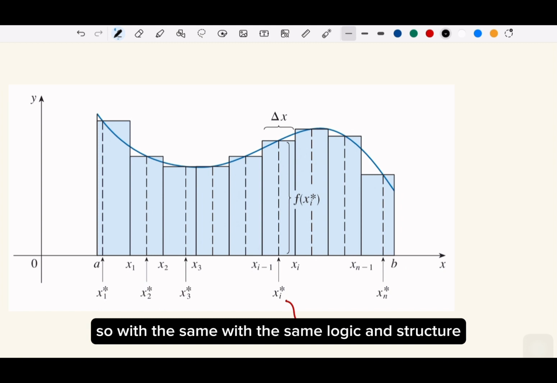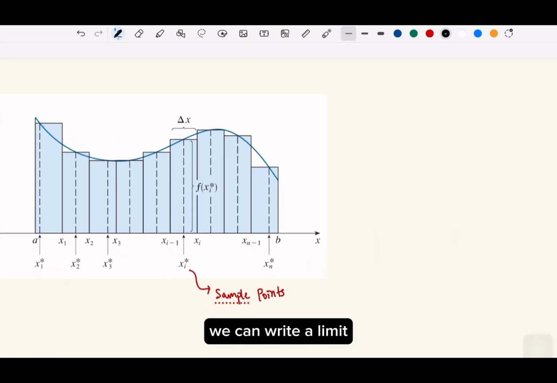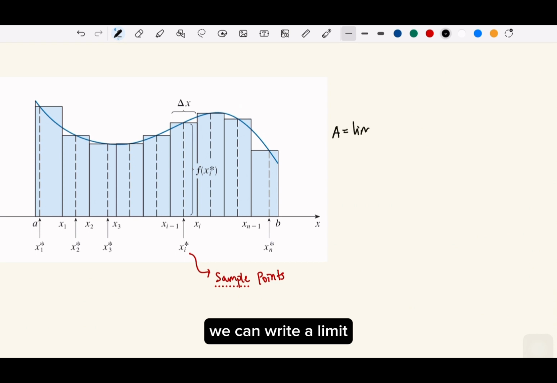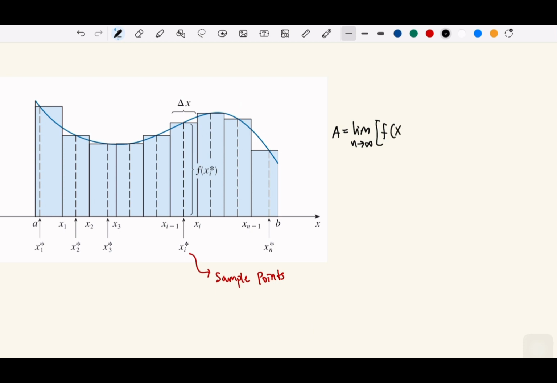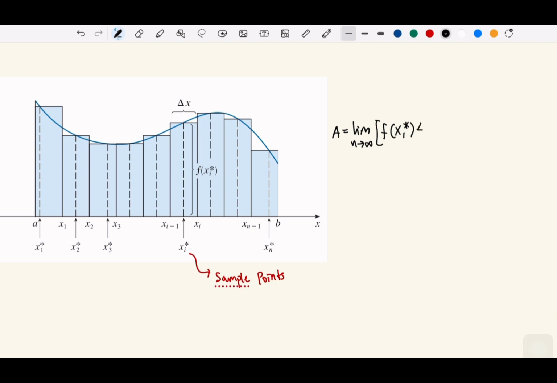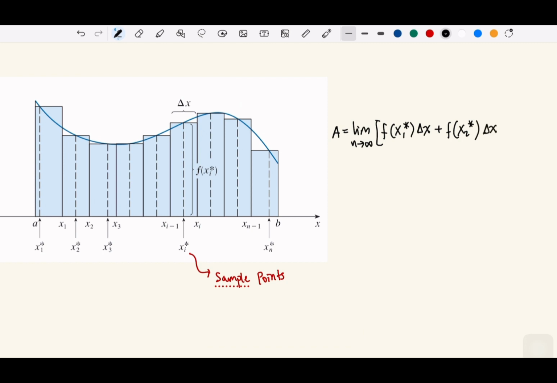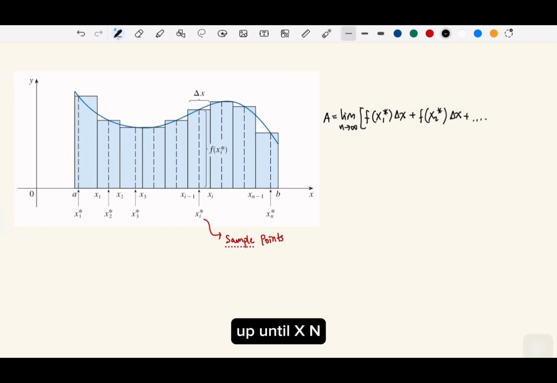So with the same logic and structure, we can write a limit of this: f of x1 star delta x, plus f of x2 star delta x, up until xn star.